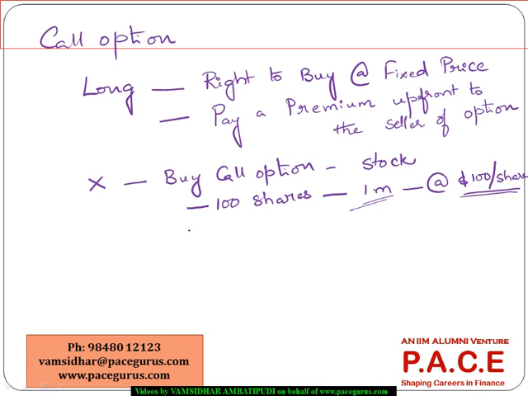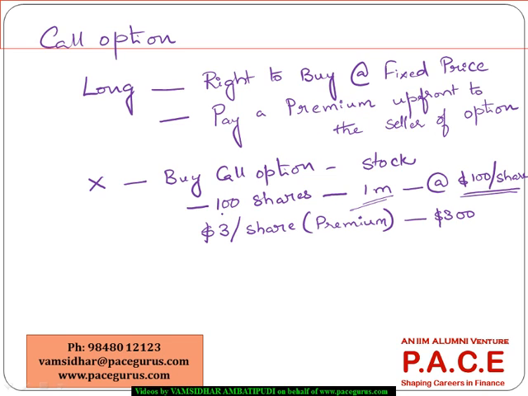So just to get that right, he is paying today, on the day he is entering into the contract, let's say $3 per share as a premium. So today, by just paying $3 per share, or probably overall $300, he is taking a right.